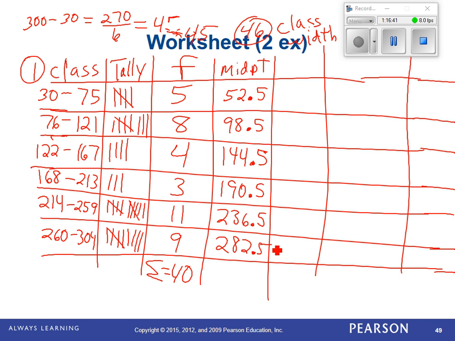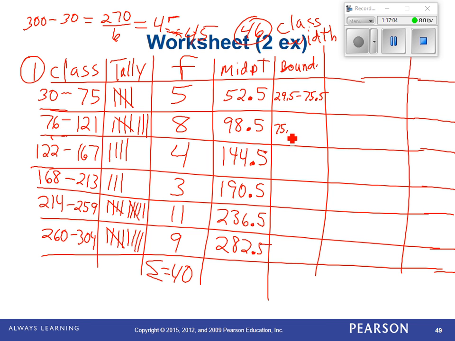Next one, class boundaries. It's going to look like this, except this one's gonna go down by a half, this one's gonna go up by a half. So this would be 29.5 to 75.5.